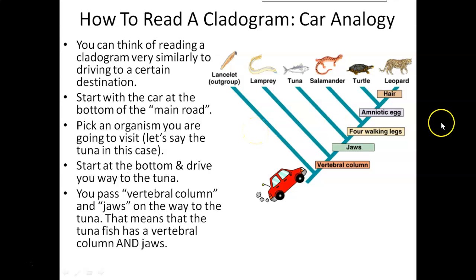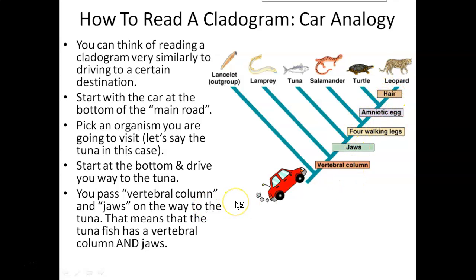So we're going to start at the very bottom, and we're going to drive to the tuna's house. We're going to drive along, and we're going to pass vertebral column, and we're going to drive along and pass jaws. That means the tuna's going to have both of those, but before we get to 4 walking legs, we're going to turn and go visit the tuna.